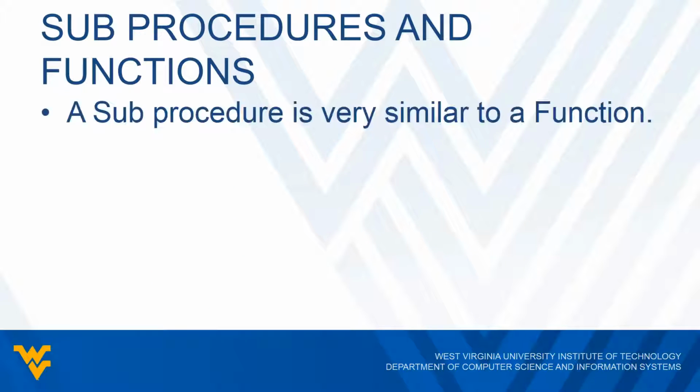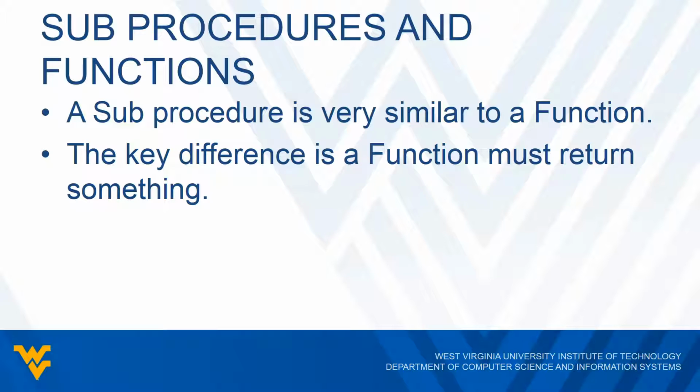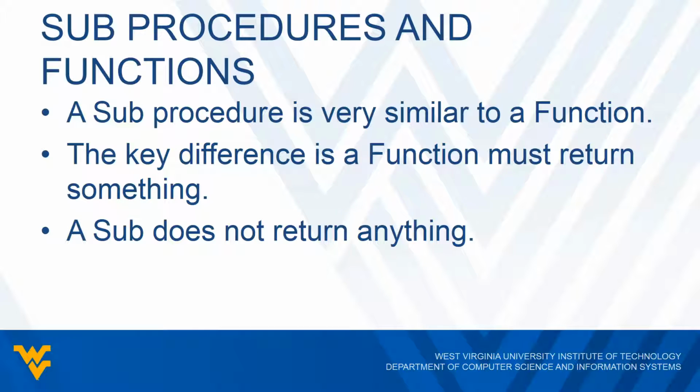Now, a subprocedure is very similar to a function, and you might think that they're one and the same, but that's not true with respect to Visual Basic. The key difference between subprocedures and functions is that a function must return something, whereas a subprocedure doesn't return anything. Functions must return something, whether it's an integer or a double or a string.